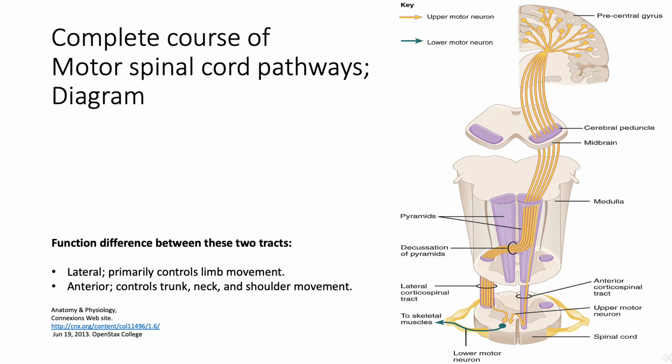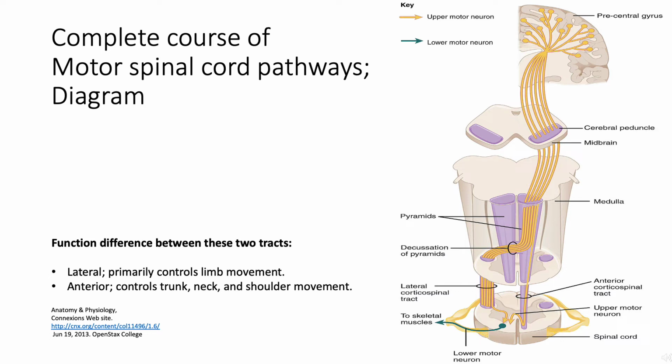along the right part of the brain, along the right midbrain, right pons, right medulla, then at the lower part of the medulla they will cross to the left side and they will be traveling down the left half of the spinal cord. And the same applies for the neurons starting from the left cerebral hemisphere, from the left precentral gyrus, going down the left midbrain, pons, and medulla, and at the lower part of the left medulla they will cross to the other side and they will now be descending down the right half of the spinal cord.